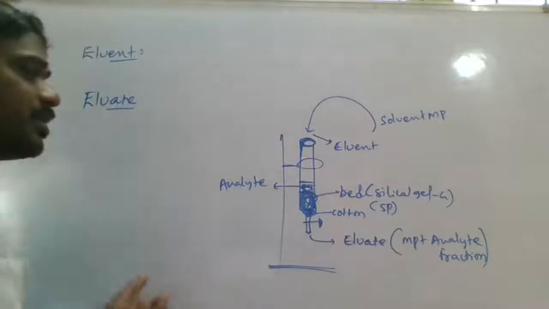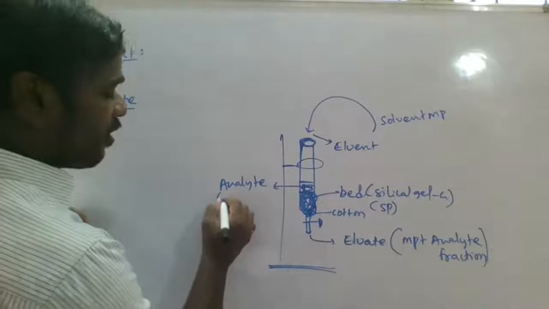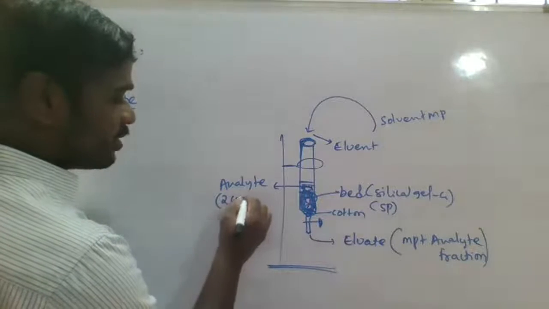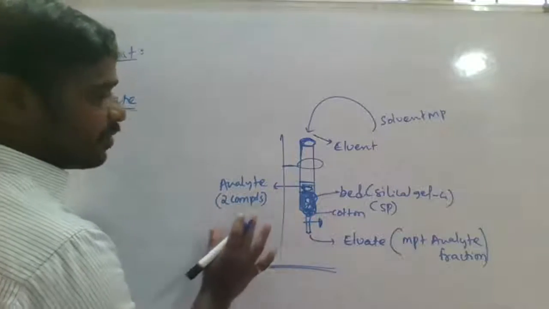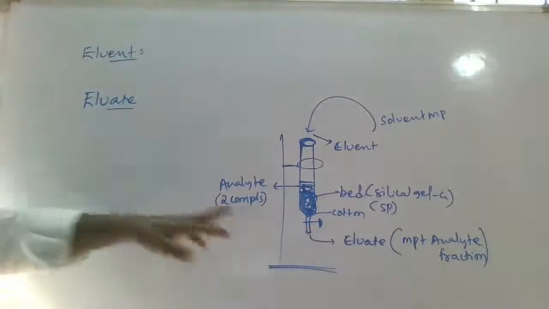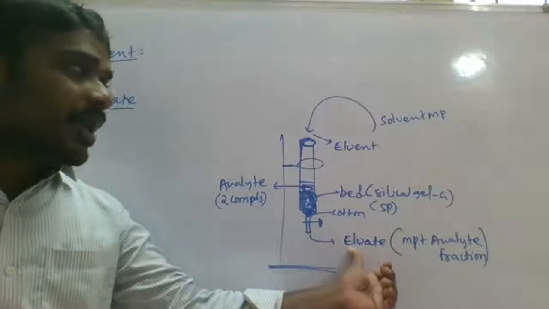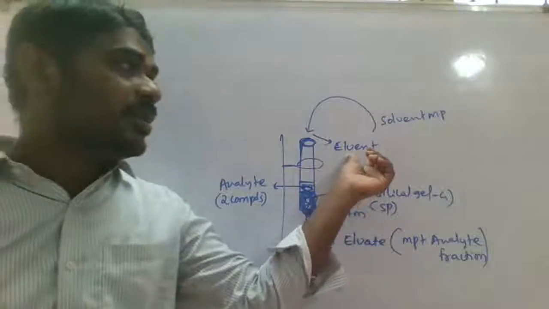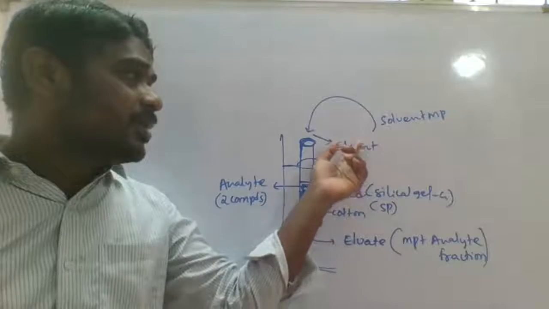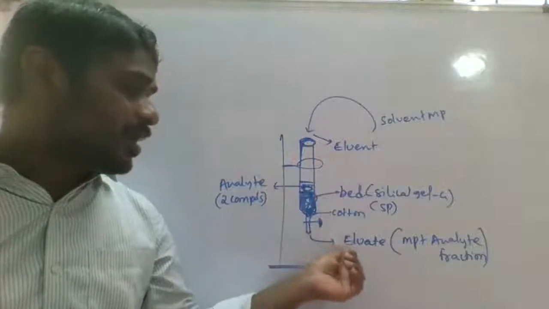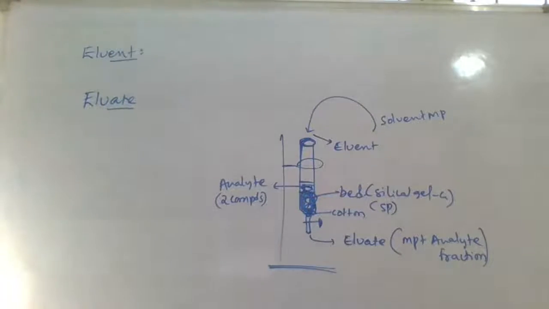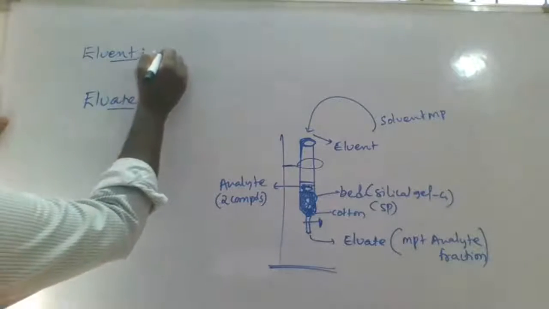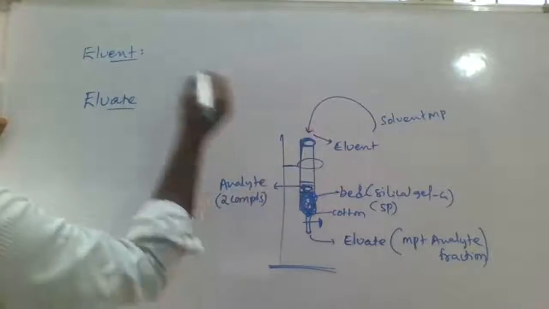Fraction of the analyte means at least two compounds; whenever only one compound is there, the column is not required. So the eluate is nothing but the outgoing solvent, while the eluent is the solvent mobile phase introduced in front of the column.